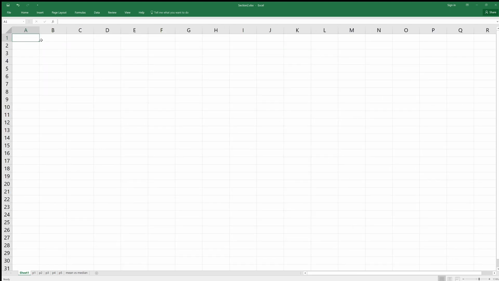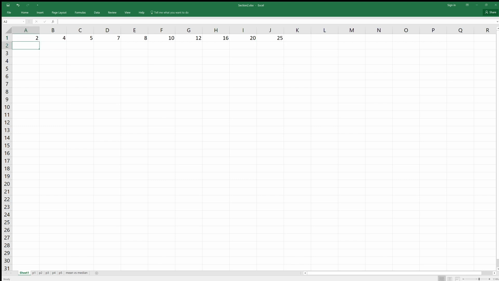So let's take a bunch of numbers here. They can represent whatever you want them to represent, heights of bushes and trees. So 2 feet, 4 feet, 5 feet, 7 feet, 8 feet, 10 feet, 12 feet, 16 feet, 20 feet, 25 feet.